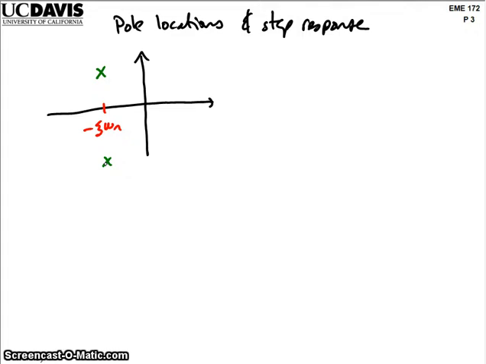So all poles that lie on this line are going to have the same settling time. This is a line of constant Ts.